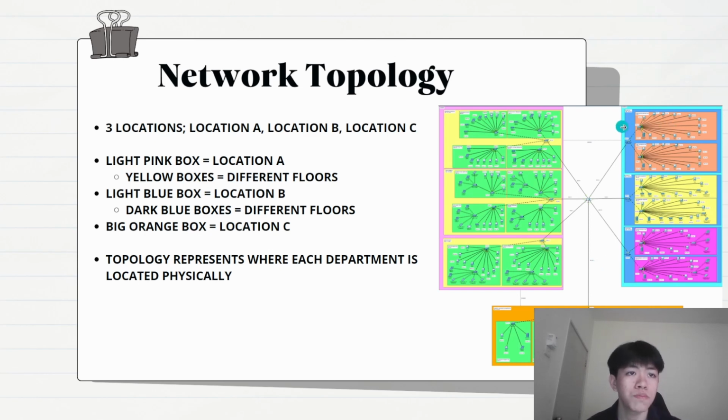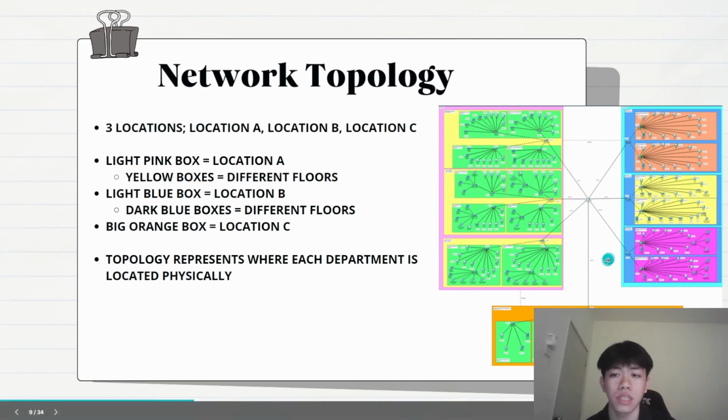So for location B, it is represented by a light blue box, which has dark blue boxes inside, which all represent a floor or a department. And each of these orange, yellow, and hot pink boxes inside of these dark blue boxes represent a sub-department. And lastly, location C is represented by a big orange box. And the topology basically represents where each department is located physically.